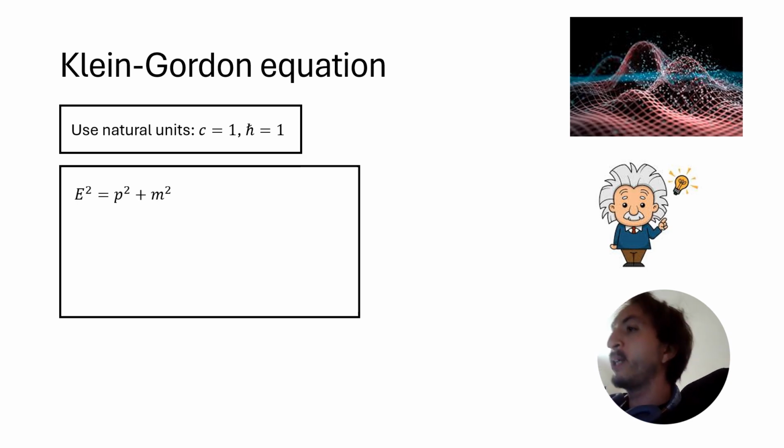Now, as I said, we need the equation for the relativistic energy of a particle. Ignoring factors of c, because we're setting c equal to 1, the relativistic energy is given by E squared equals P squared plus M squared. For those of you interested in relativity, this essentially comes from considering the invariant quantity associated with 4-momentum.